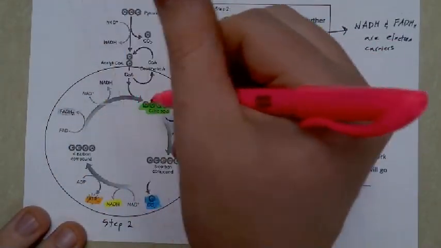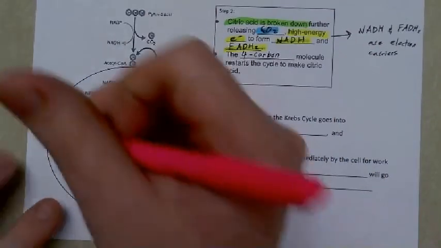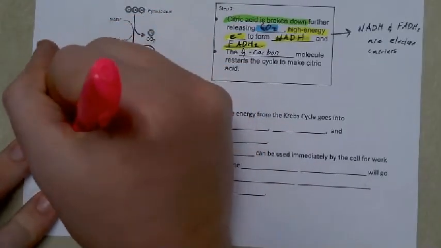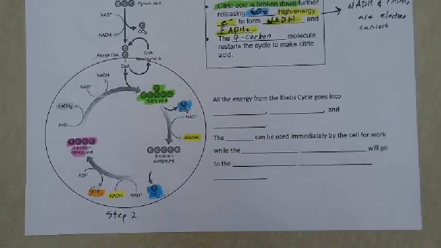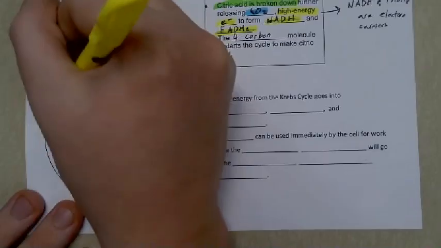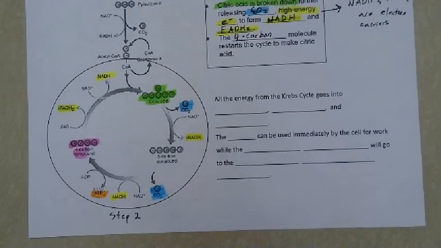But to get it there, we're going to be able to pull some stuff off of it first before it combines. We can pull some high-energy electrons out of there, and we'll end up with some more FADH2, some more NADH. Look at all these electron carriers we're getting out of here, right? We are producing so many electron carriers. That's the main thing that we produce here. So now I know my products here.